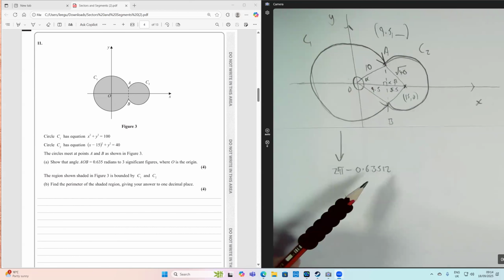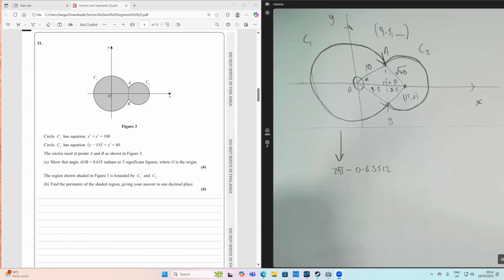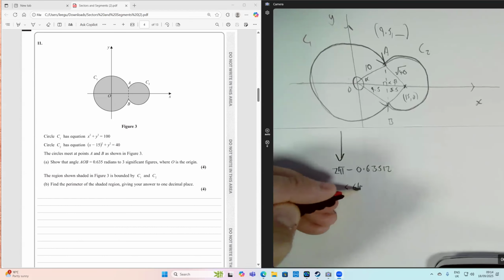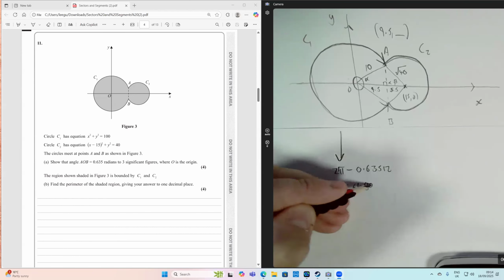So I think it's really important, just as a general rule of thumb, to always work to a higher degree of accuracy in your calculation than you state your final answer to. So make sure you work to a higher degree of accuracy in your calculations than what you state your final answer as. So if we go now 2 pi minus the answer, that gives us that angle in question is 5.64806.